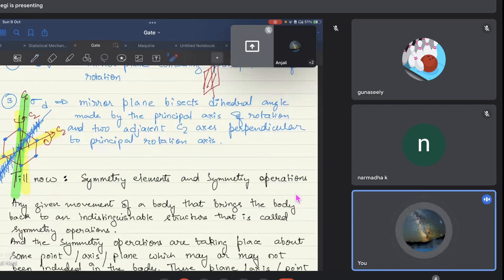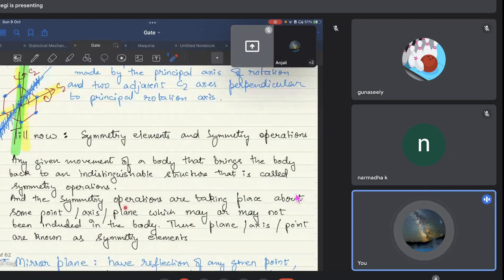So till now, what you have understood is symmetry element and symmetry operation. Any given movement of a body or molecule that brings the body back to an indistinguishable structure is called a symmetry operation. The symmetry operations take place about a point, axis or plane, which may or may not be included in the body, and these are known as symmetry elements.